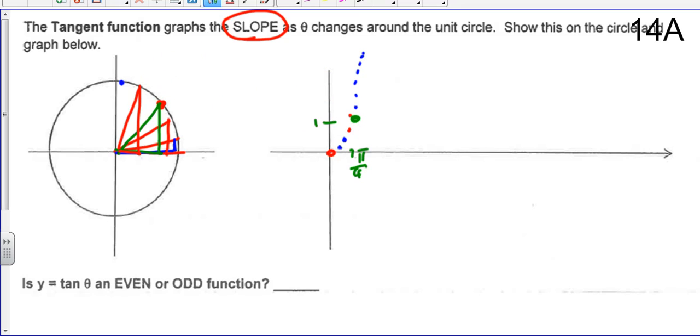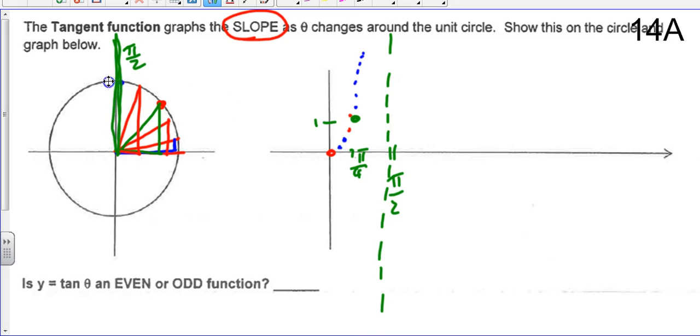Right, what happens when I get to this spot right here? What's the slope of that line? It's undefined. And that is what spot on my circle? Pi over 2. So over here at pi over 2, the tangent graph is undefined, and undefined means an asymptote.